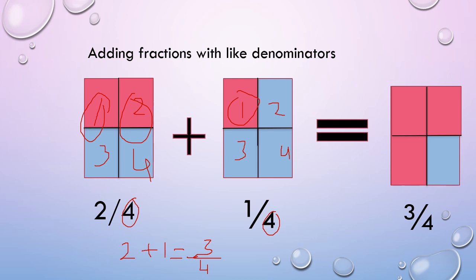And we can also get this by drawing a rectangle like this, making it into 4 parts, and this has 2 parts. So we color in 2 parts of the rectangle, and we're adding 1 more part to that, and we get 3 out of 4 parts.